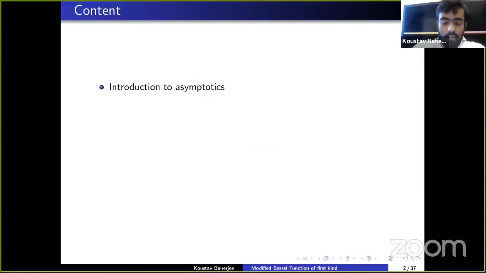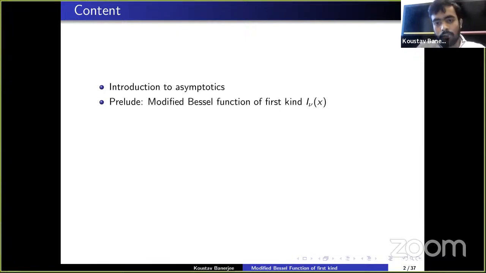I'll sketch my talk in several parts. First, I will give an introduction to asymptotics of a real valued function. Then I'll give a brief sketch of the history of the modified Bessel function of the first kind, which I denote by I_nu(x), which is standard. Then I'll go to the consequences part, the number theoretic and combinatorial aspects.